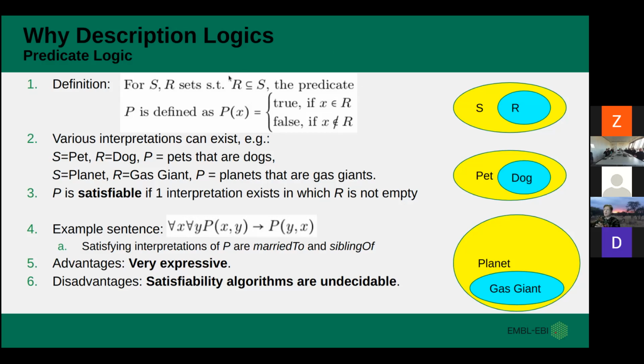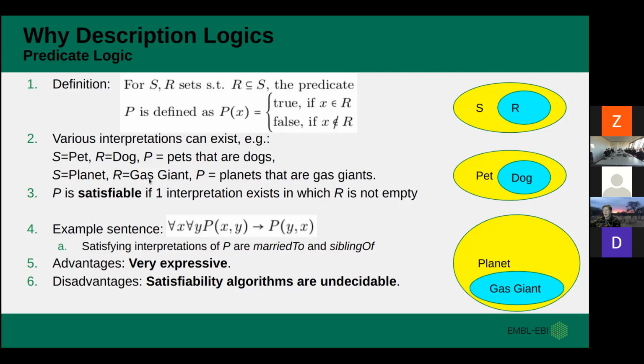So a very simple predicate is, as I've got it defined here for P: if X is in the set R, it will return true. If X is not in the set R, it will return false. And potential interpretations for this could be, well, if we set S to be pets and R to be dogs, then the predicate will represent those pets that are dogs.